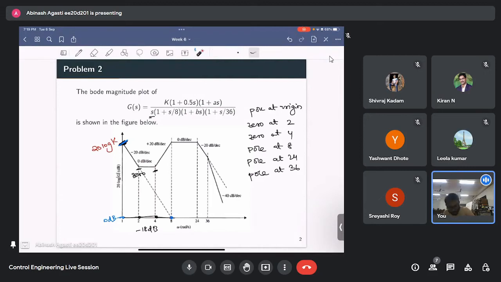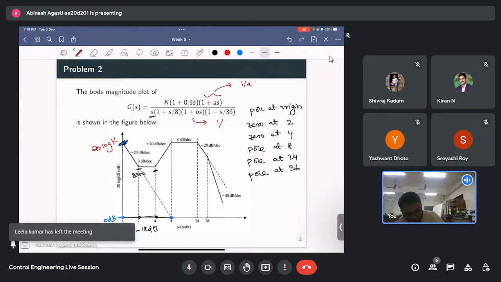When you look at the transfer function, this corresponds to the zero at 2, this corresponds to the pole at 8, and this corresponds to the pole at 36. So two remaining things are there. This one, the zero is at 1 by A, and this one, the pole is at 1 by B, correct?